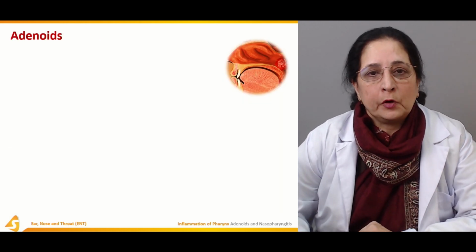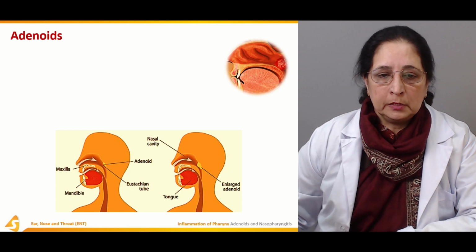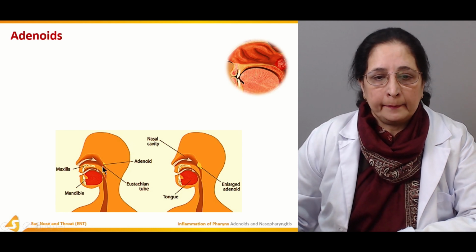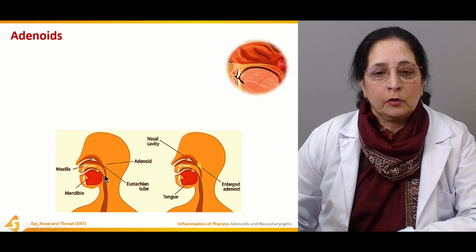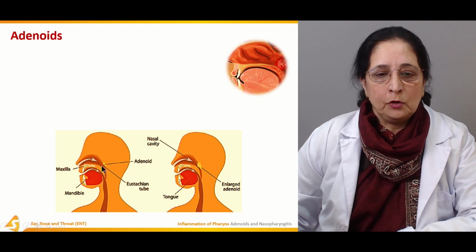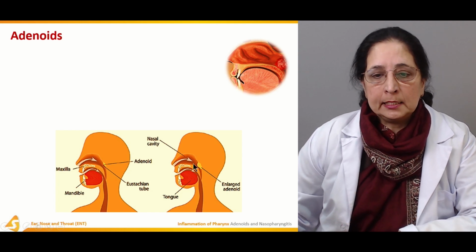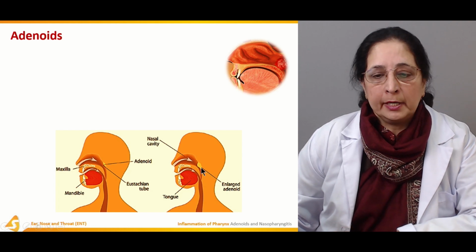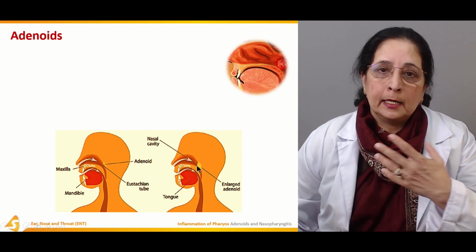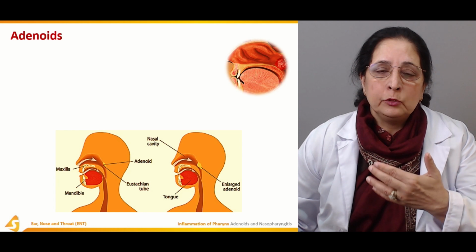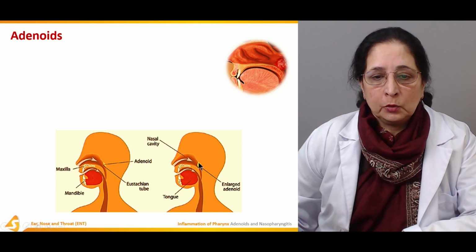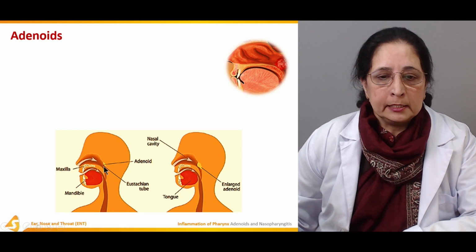So the adenoids. If you see in this diagram, these are the adenoids. This is the normal adenoid, and this is the adenoid once it becomes enlarged and inflamed, which leads to adenoiditis. So this is the enlarged adenoid, and this is the normal adenoid.